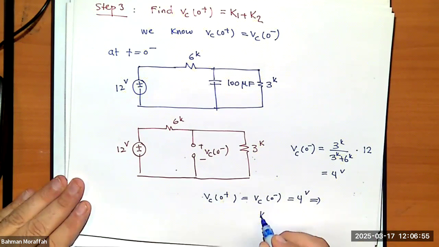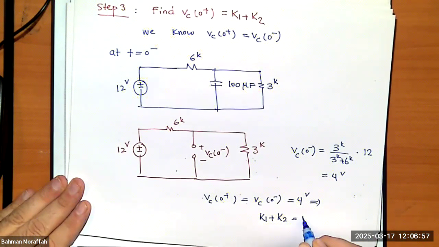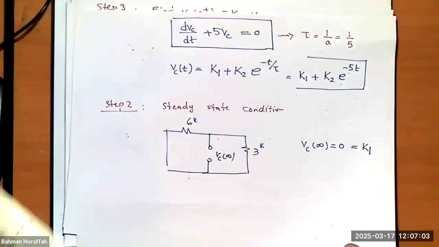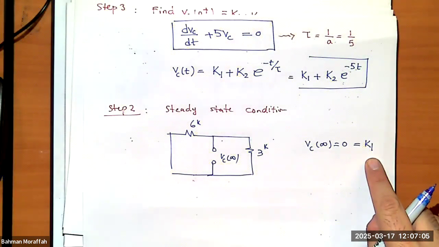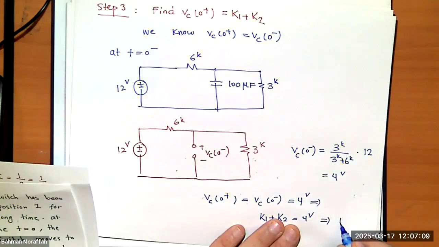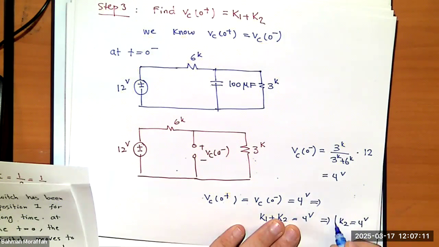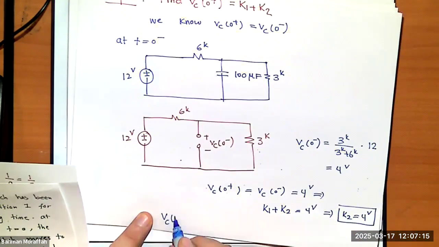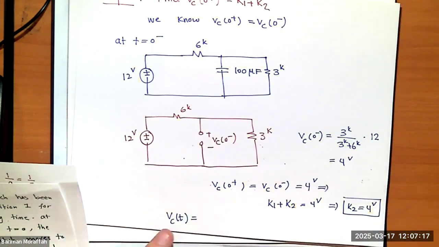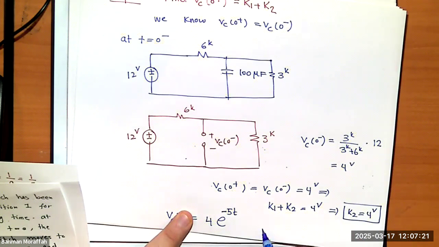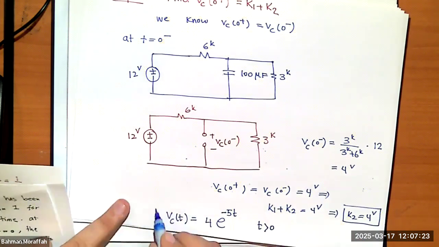Therefore, K1 plus K2 is 4 volts. But what was K1? We just computed K1, and K1 was 0. Therefore, we know K2 must be 4 volts. And we're done. VC of t is 4 times e to the power of minus 5t for t greater than 0.